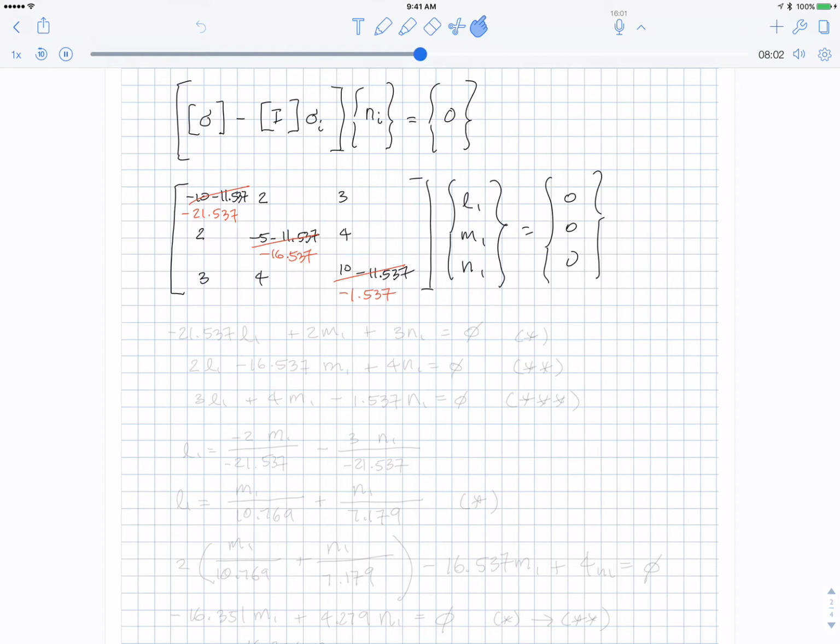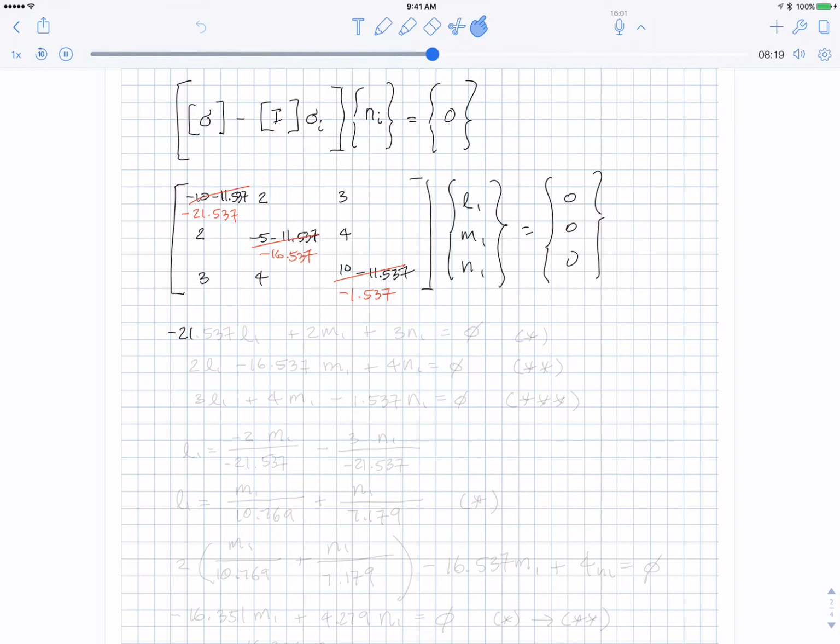Okay, so we need to solve for L, M, and N to make this true. Well, this is not a problem where you invert the matrix. First of all, the right-hand side is 0, and second of all, you can't invert this matrix. We made the determinant equal to 0. So let's just write this out longhand and go from there.